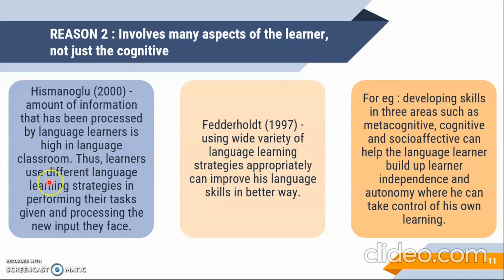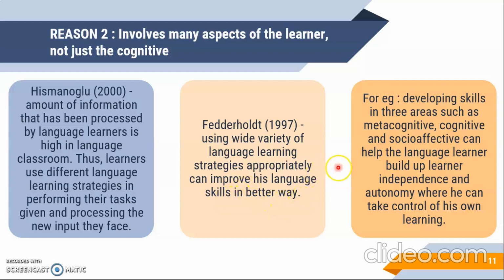Thus, learners use different language learning strategies in performing their tasks given and processing the new input they face. This statement has been agreed by Federhold also, and he said using a wide variety of language learning strategies appropriately can improve language skills in a better way.